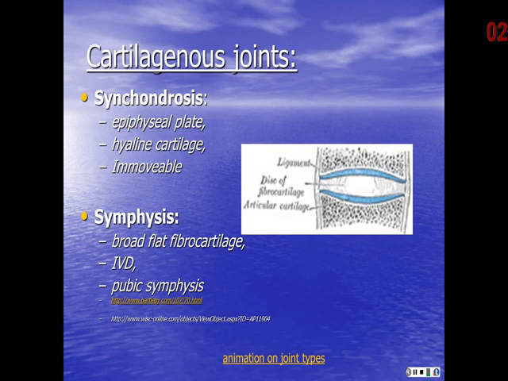The symphysis is held together with a broad, flat fibrocartilage. Examples include the IVD or intervertebral disc and the pubic symphysis. We're going to look at an animation here on the types of joints.